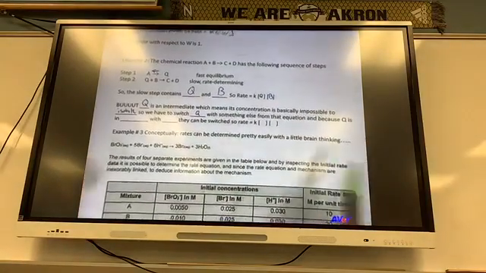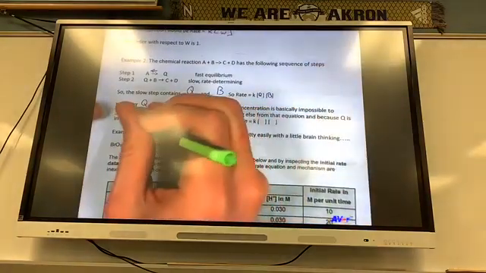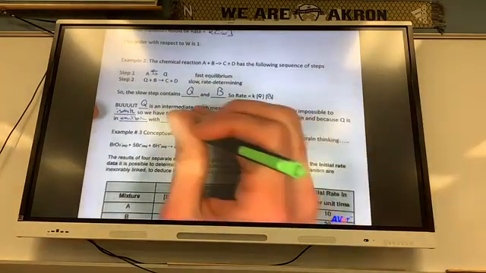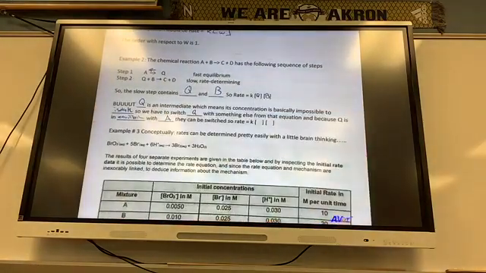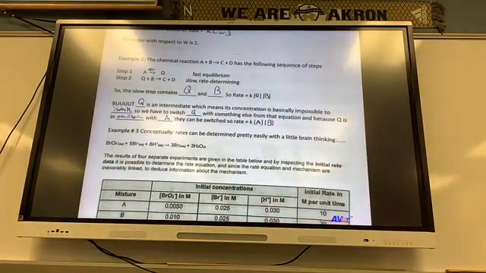Because Q is in equilibrium with A, they can be switched. So the rate actually is going to equal K times the concentration of A times the concentration of B. So whenever it's at equilibrium, you can't have an intermediate in your rate law, is what it comes down to.